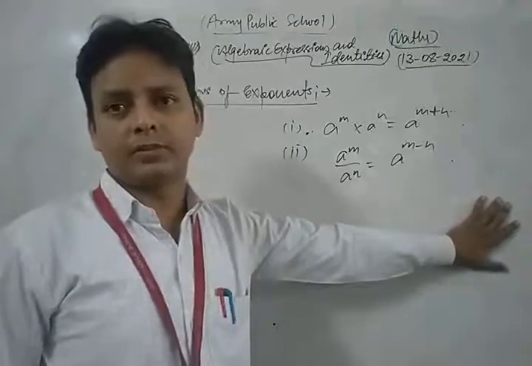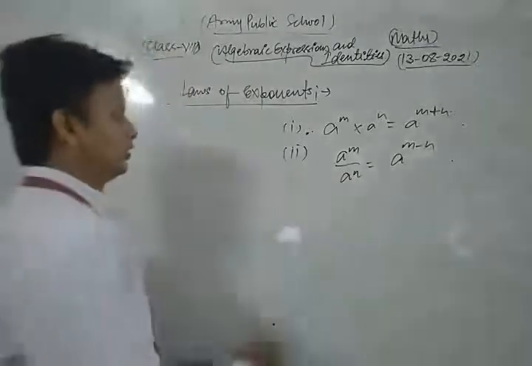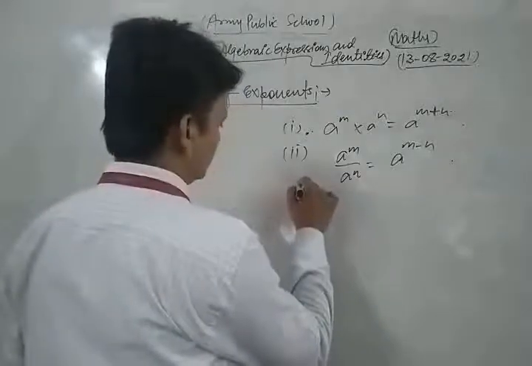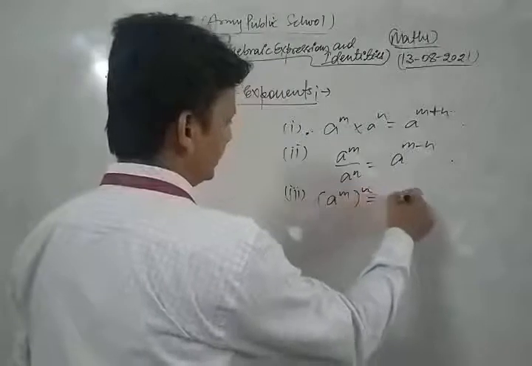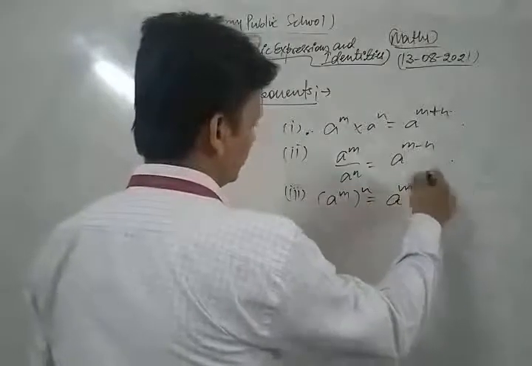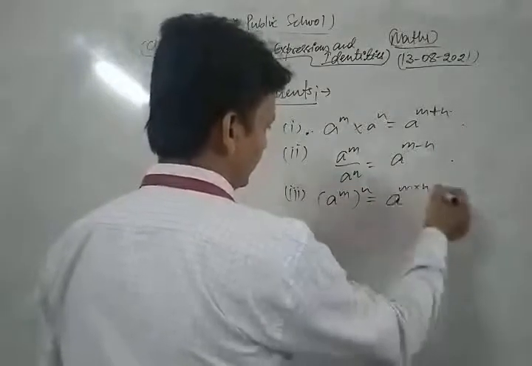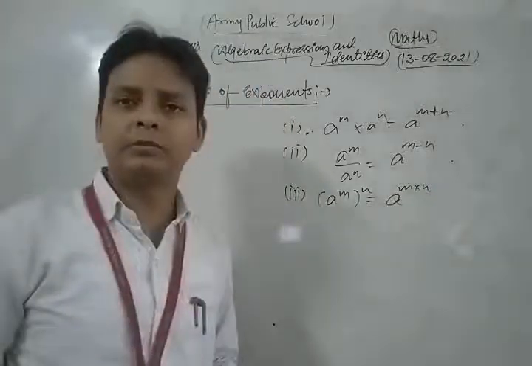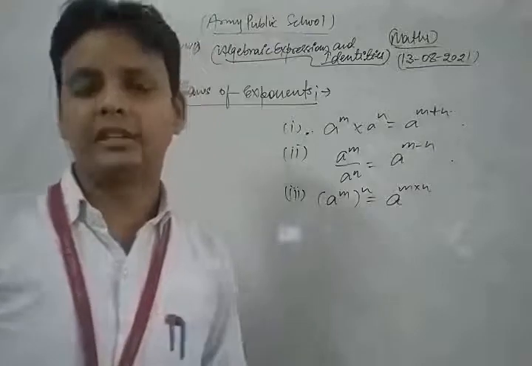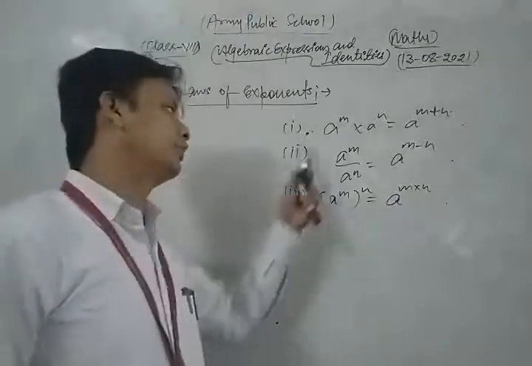Okay, this is the concept. Now, if we have a to the power m whole to the power n, then we write a to the power m into n. In this way, in the product of algebraic expressions, we follow these laws.